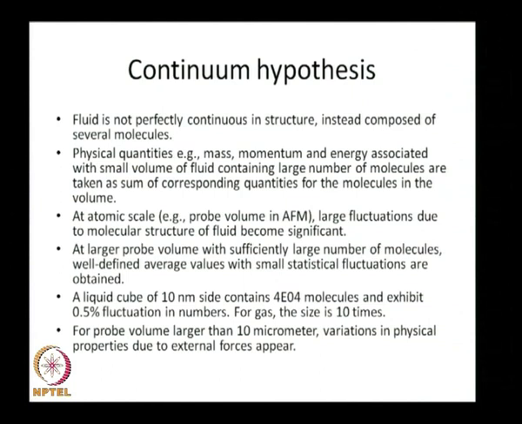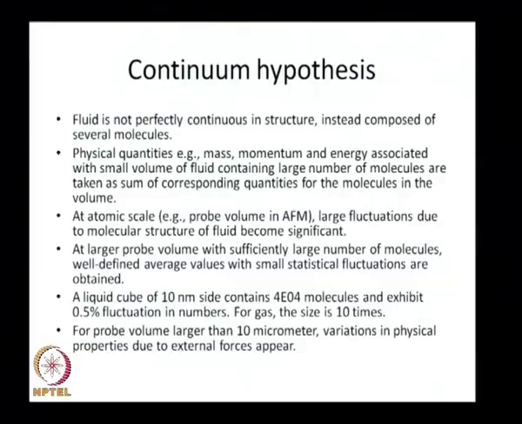Now, for a 10 nanometer side, if 0.5% fluctuation is acceptable, you probably do not care much about it. You can assume that whatever quantity you measured is just fine. But as I said, below 0.3 nanometer, you will have a very large fluctuation, and that kind of measurement cannot be taken as the representative quantity for that area.